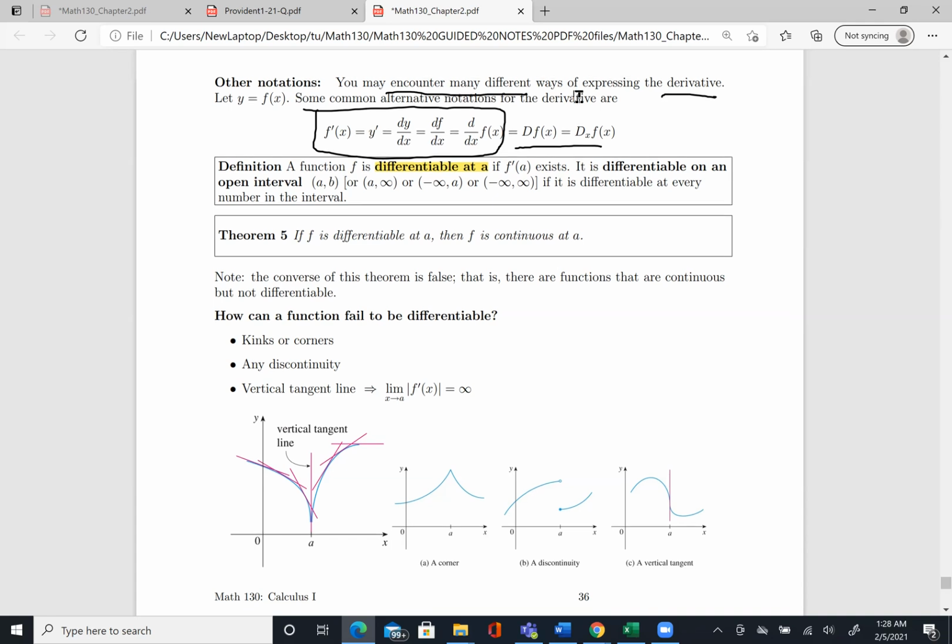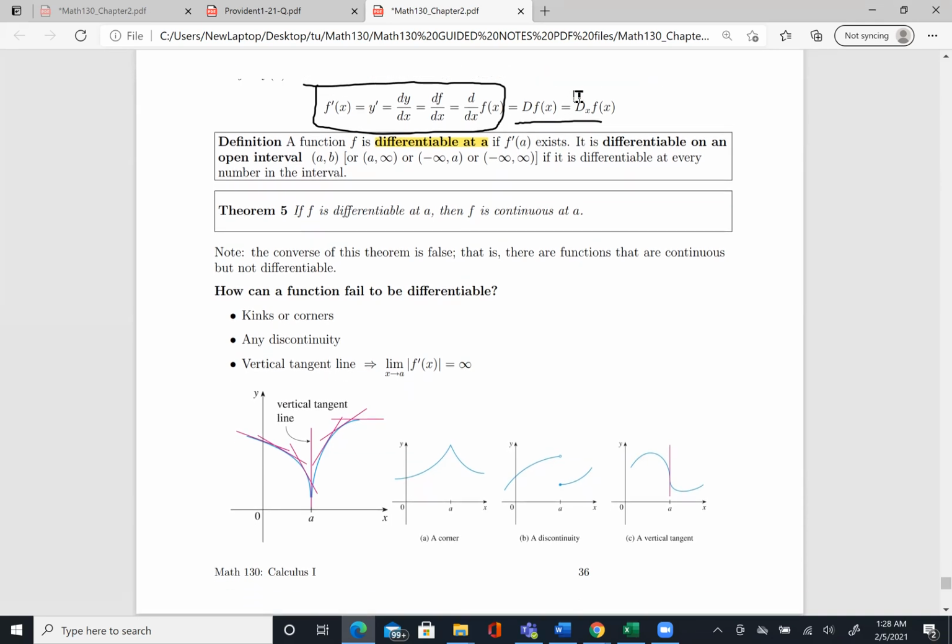So we're going to have theorem 5. If f is differentiable at a, then f is continuous at a. We know that the converse of the theorem is false.